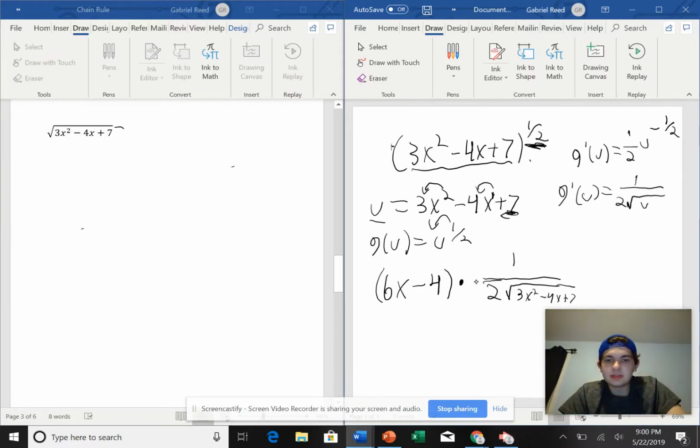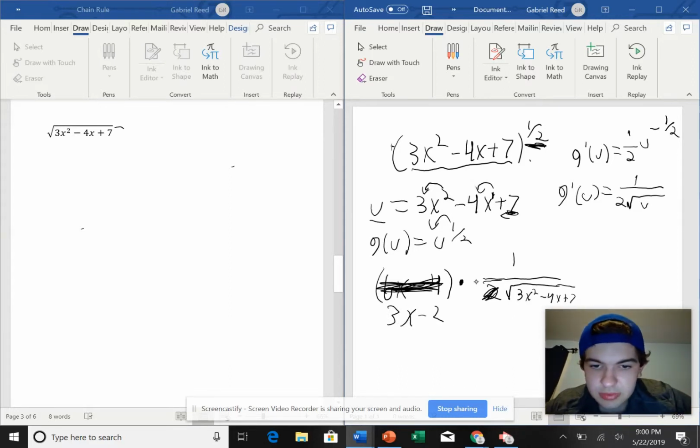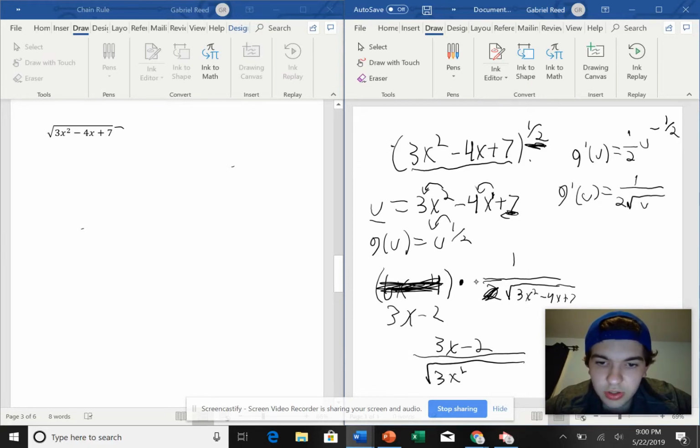And when I multiply these, I can already divide by the 2. So if I cross out this 2, I can just cross out the parentheses here, and it would be 3x minus 2. And when I multiply them together, it's just simple algebra. It will be 3x minus 2 over the square root of 3x squared minus 4x plus 7.